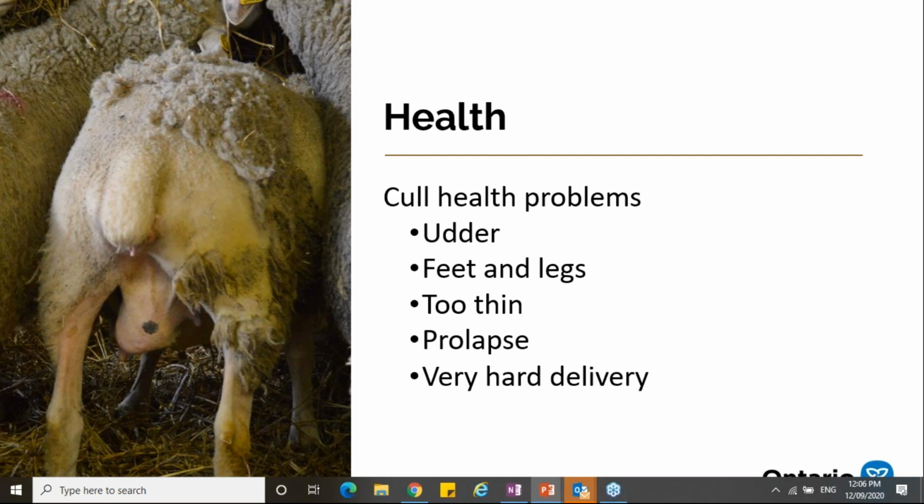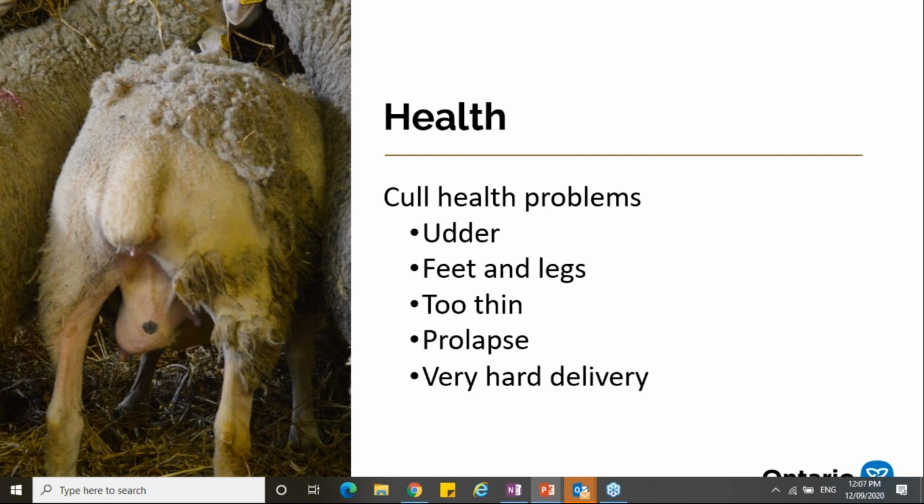It's also important to cull for health problems. This could be lumps or hardness in the udder, poor feet and legs, or an animal that's limping or keeps getting sore feet repeatedly. If an animal's thin when the rest of the ewes are in good condition, or if she's prolapsed or had a really hard delivery, you might want to consider culling her as well.